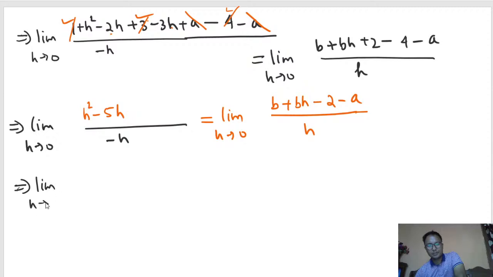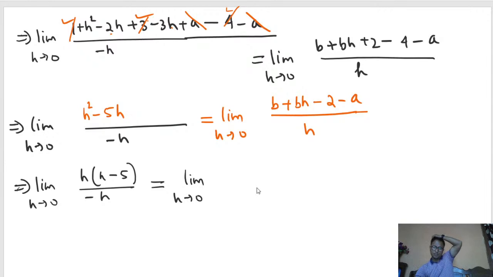So limit as h tends to 0, the h cancels with h, minus 5 divided by minus h, right? And here the limit as h tends to 0 of b plus bh minus 2 minus a, divided by h.